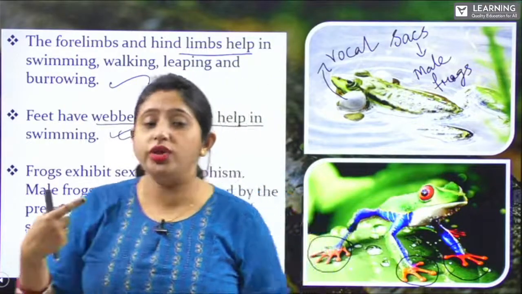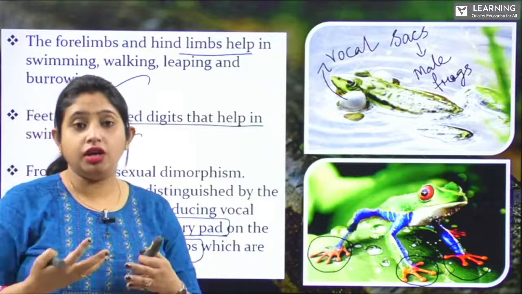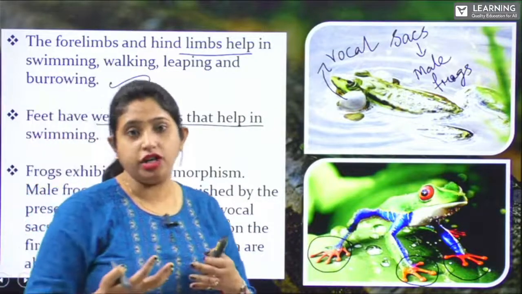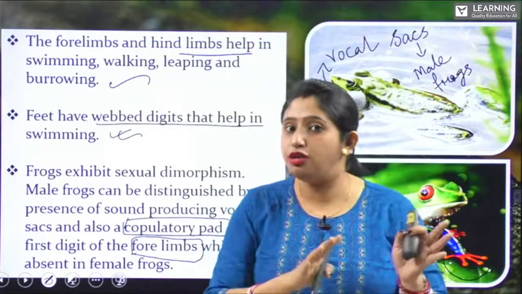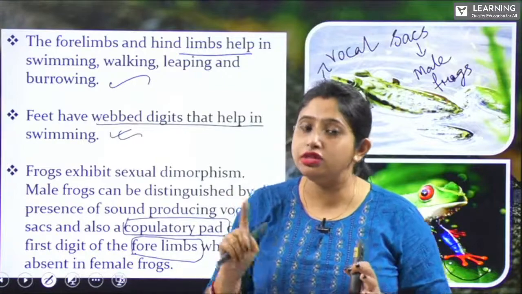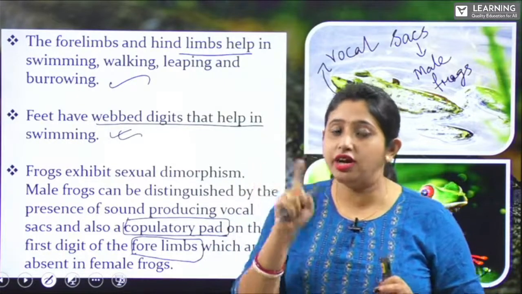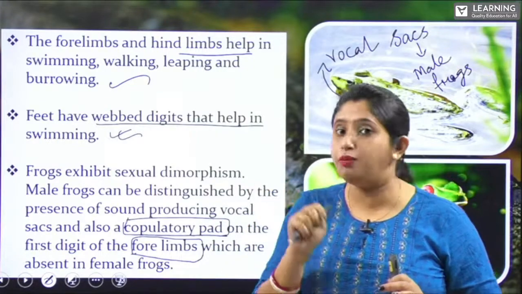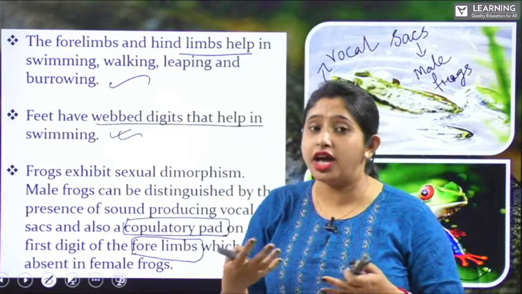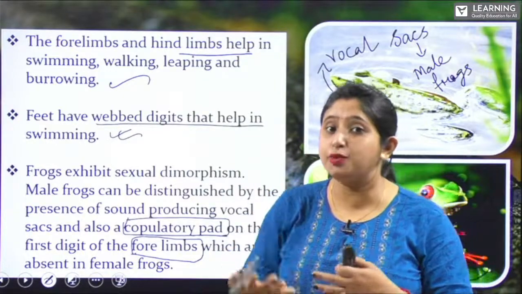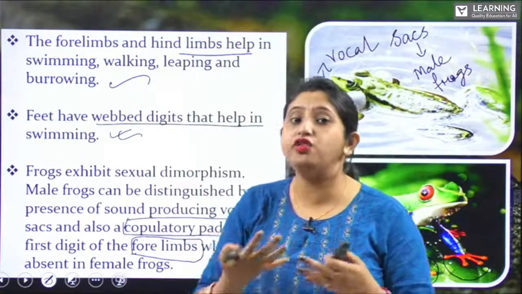Whenever they want to reproduce, they will go near the female frog and touch the body of the female frog with the help of the copulatory pads, and the fertilization will take place. This is how the male and the female frog mate with each other.